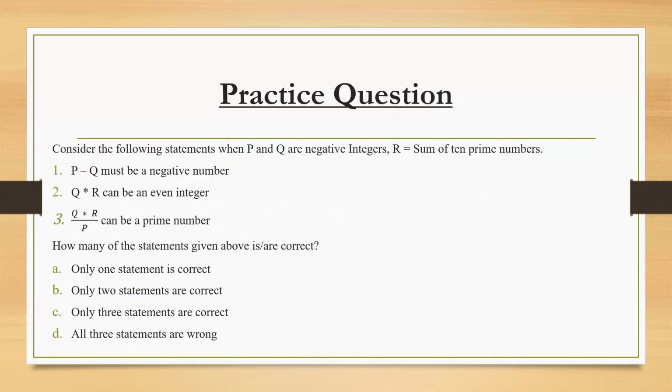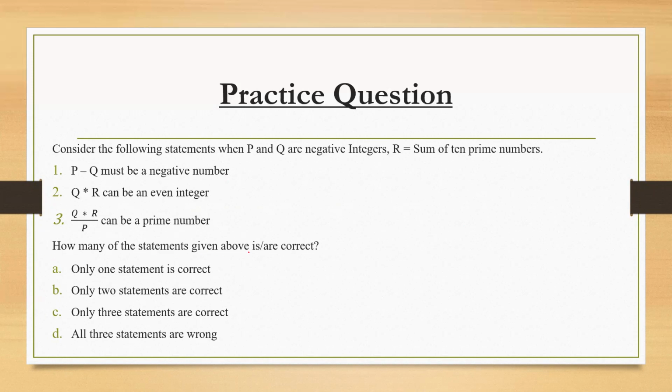Now this is along the lines of the questions that have been asked in UPSC. So here we have 3 variables, P, Q, and R. We are saying P and Q are negative integers. R is basically the sum of 10 prime numbers. Now 3 conditions have been given. Now you will see a change here.